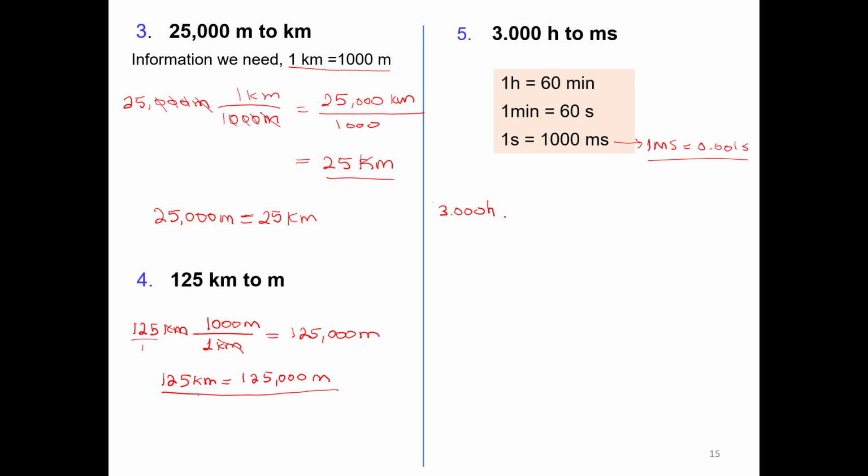Because we don't have any equality that correlates hours with milliseconds, we need to use these 3 conversion factors. The first thing we want to do is convert hours into minutes, and to convert hours into minutes we will use this equality.